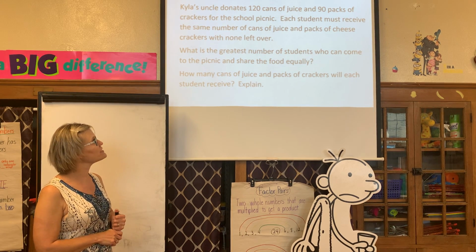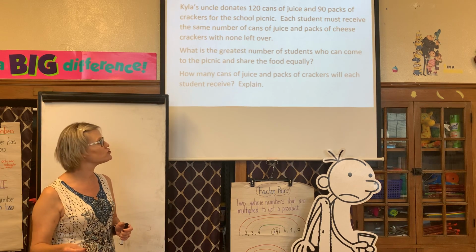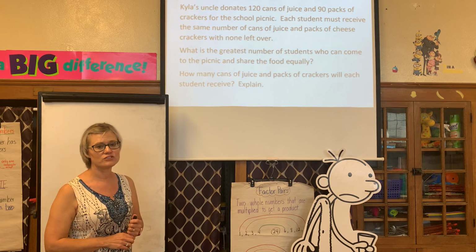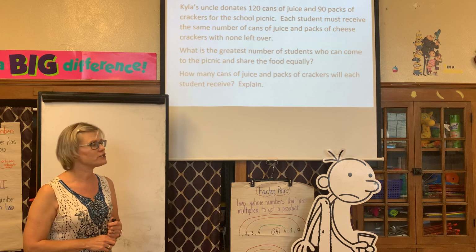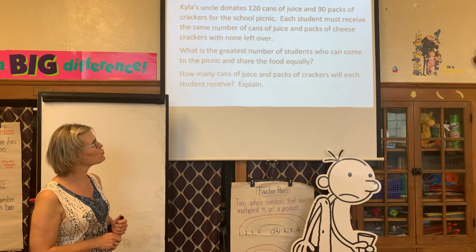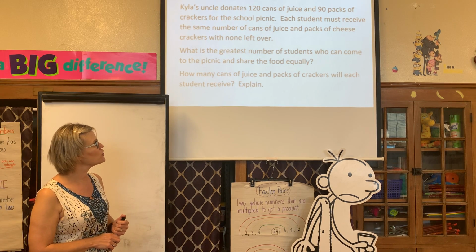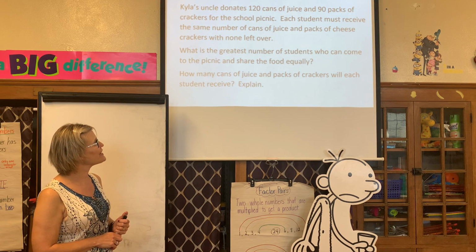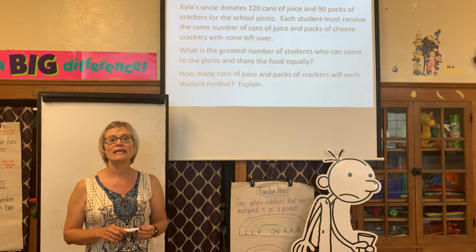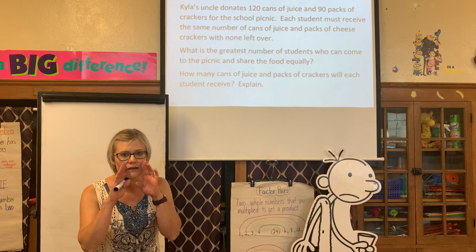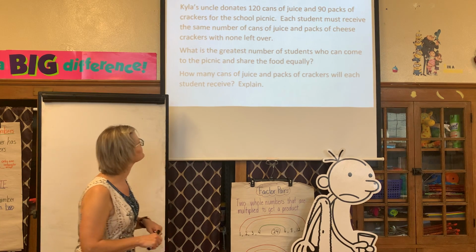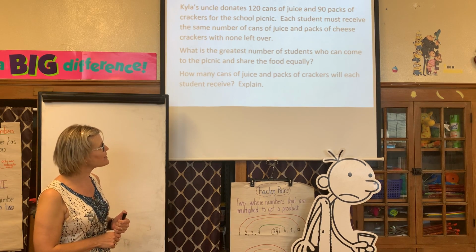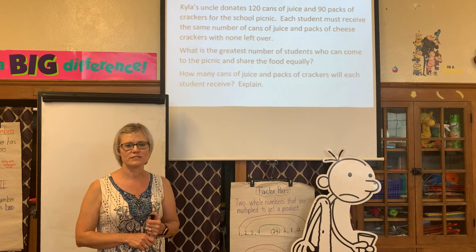Each student must receive the same number of cans of juice and packs of cheese crackers with none left over. What is the greatest number of students who can come to the picnic and share the food equally? That's a clue. How many cans of juice and packs of crackers will each student receive?